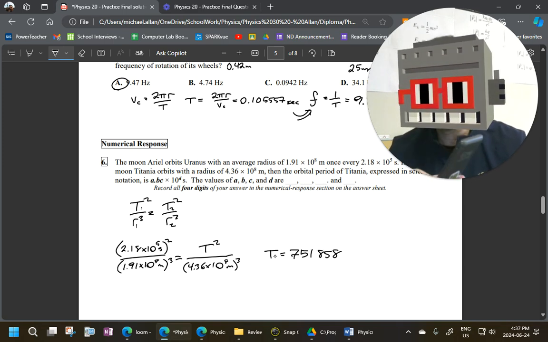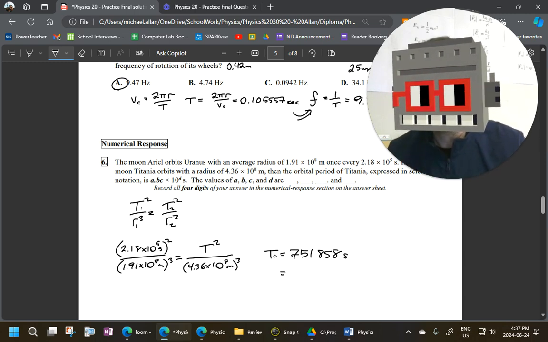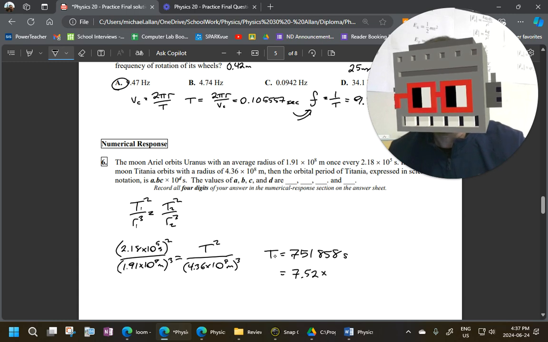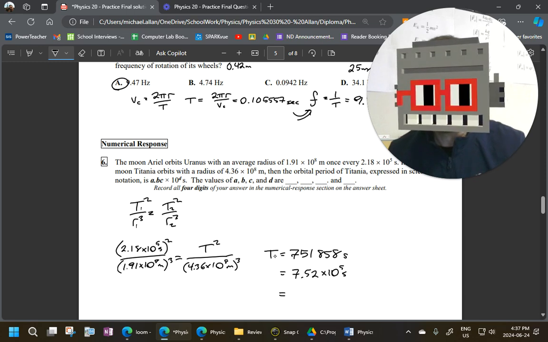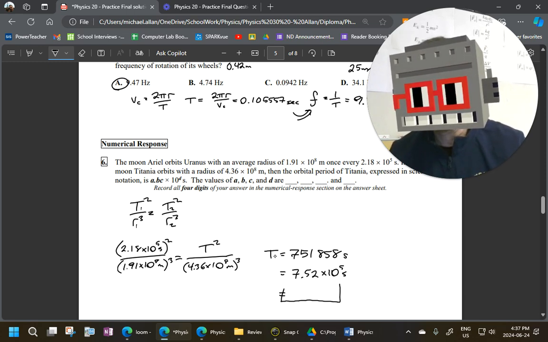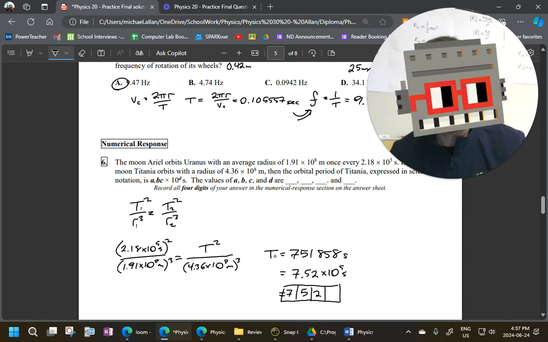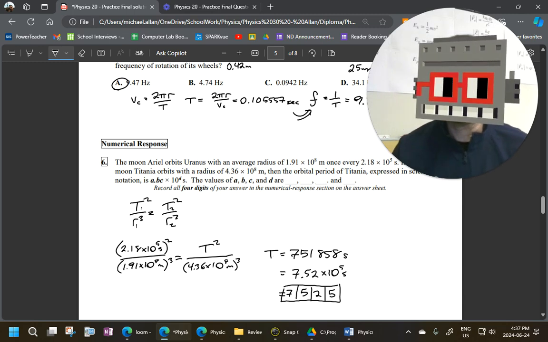And because I put seconds in, I get seconds out. Let's put that in proper sig digs here. So 7.52 times 10 to the 5 seconds. And the way they have this written out here, A, B, C, D, if I were to put these in boxes, they'd want the 3 sig digs, so 752, and then they want their exponent as a 5 there. There you go.